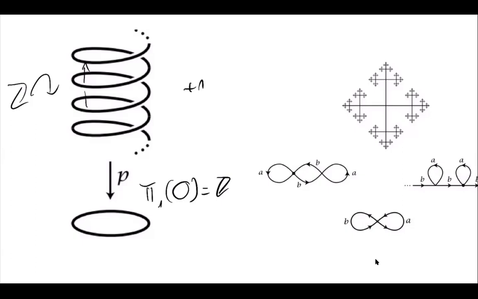So every point is sent to the point one above it. +2 is, okay, so maybe let's do +2 in a different color. So +2 is like this map that sends every point 2 steps up. -1 is the one that sends every point 1 step down, and so on.